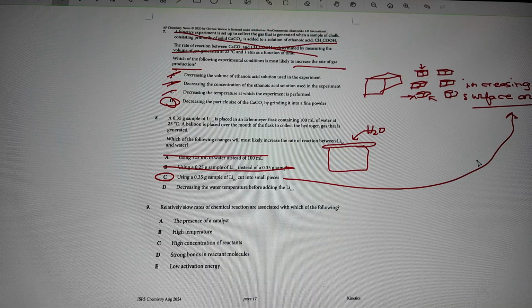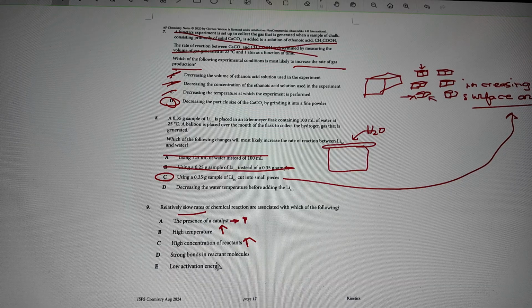Relatively slow rates of reaction are associated with which of the following? The presence of a catalyst. Slow rates? No, catalysts speed things up. They make things go faster. Higher temperatures speed things up. When you want something to cook faster, you increase the temperature. Higher concentrations of reactants make things go faster.